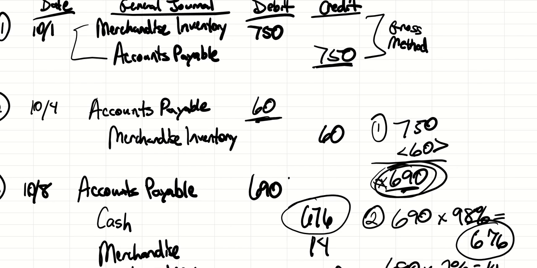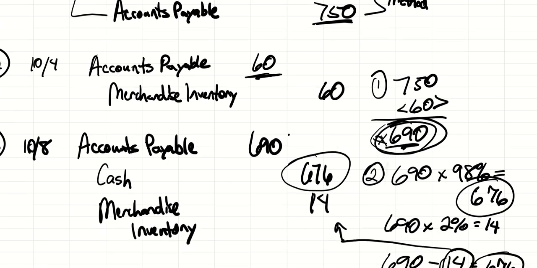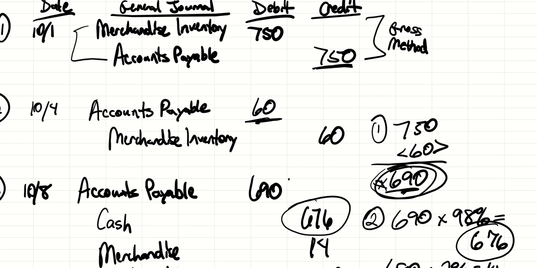Just to do a little check, you take $750 right here in inventory. That's a debit. I'm going to put DR for debit. Subtract $60, which is a credit. What does that give you?